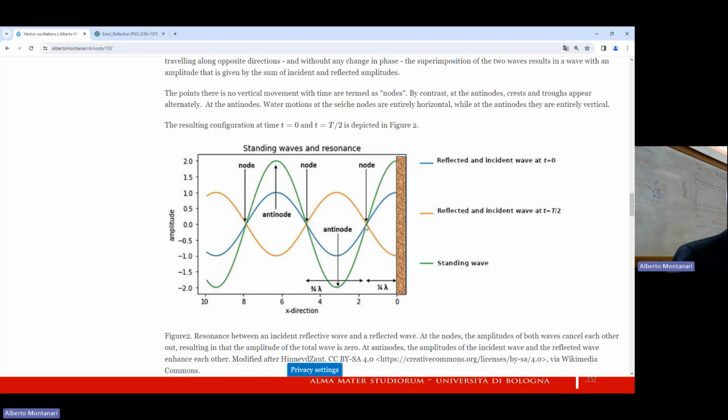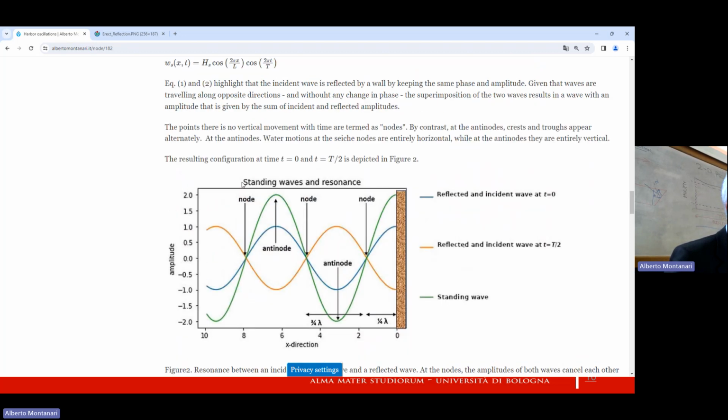And you have some points where the composition of the two waves generates what is called a node, a point that is fixed. This is the composition of the two waves, generating these points that are fixed. And the green one is called a standing wave.